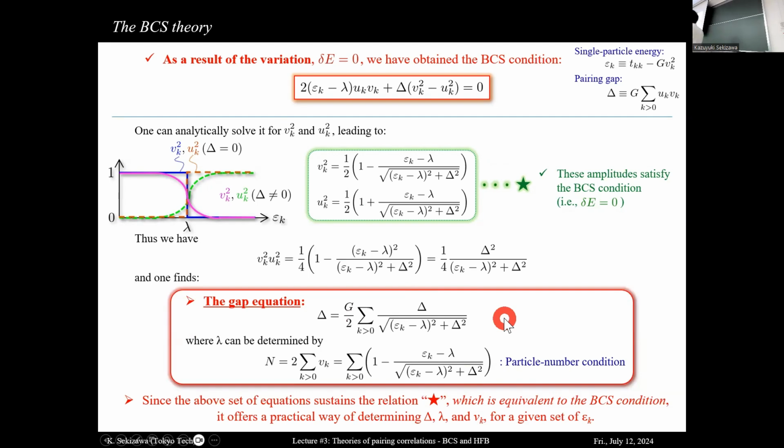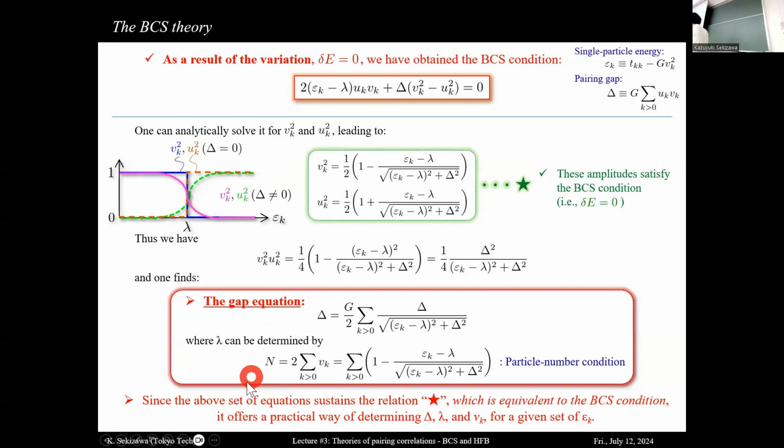By solving this gap equation, for a given chemical potential and single particle energies, we can determine what the pairing gap delta would be, and in addition, the occupation probabilities Vk. Probably this should be squared.